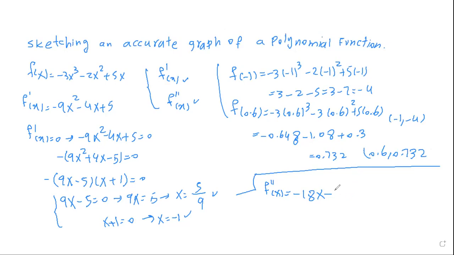Set negative 18x minus 4 equals 0, then negative 18x is 4, and x is negative 4 over 18. 4 divided by 18 is about 0.2, negative 0.2. Okay, that's what.